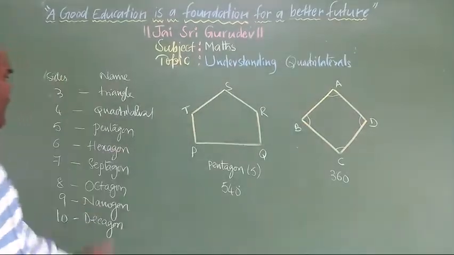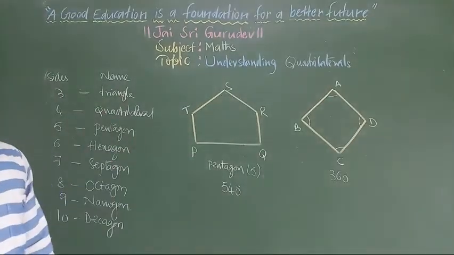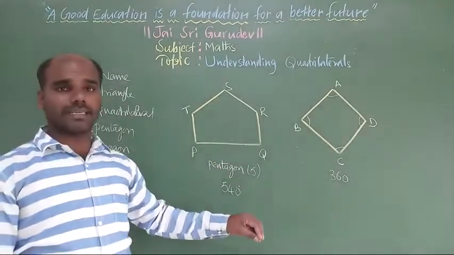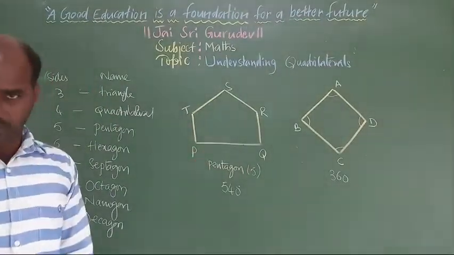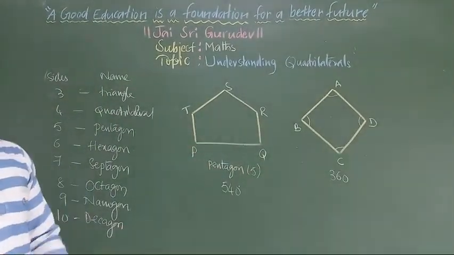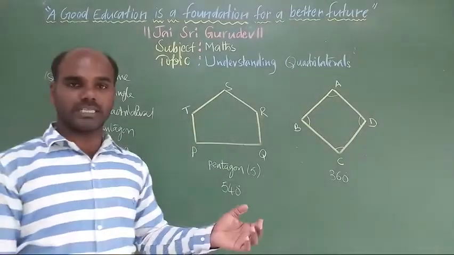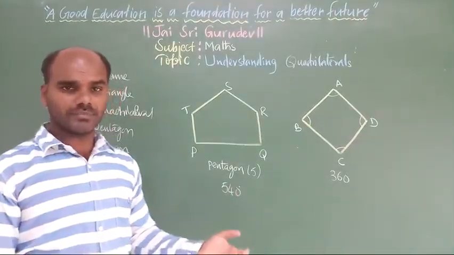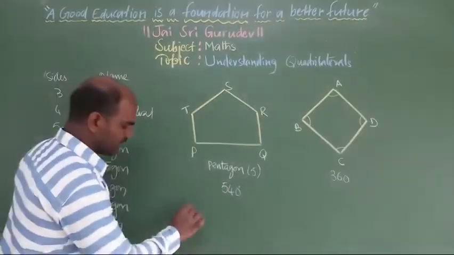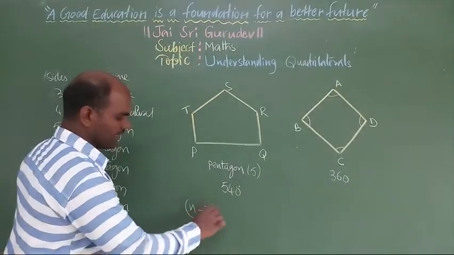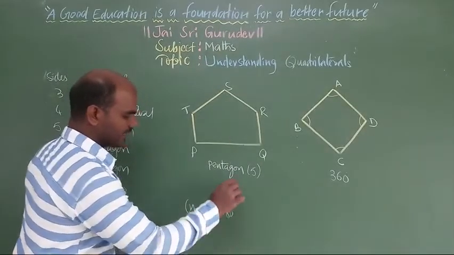By taking these, we want to know the interior angles of each figure. The easiest way is the formula: number of sides n minus 2, into 180 degrees.